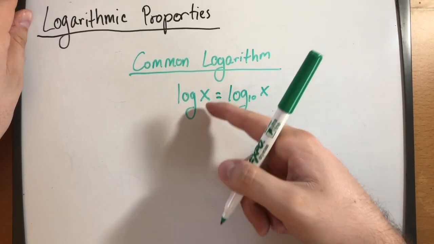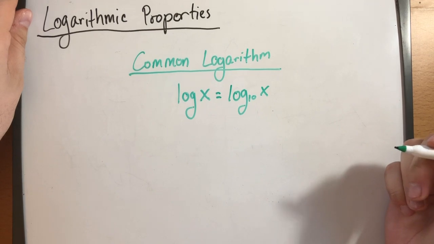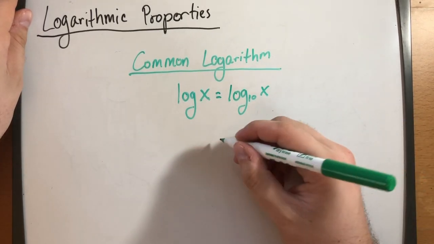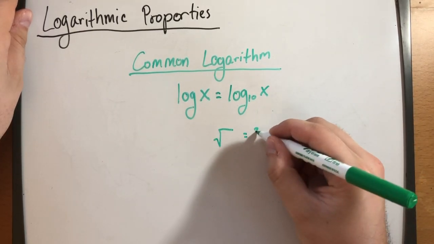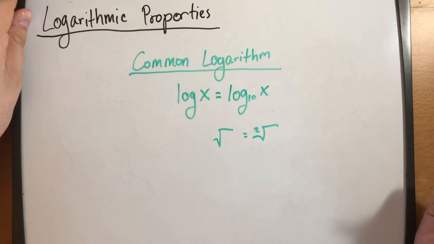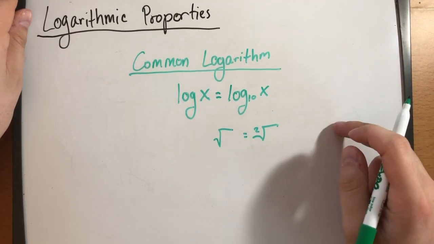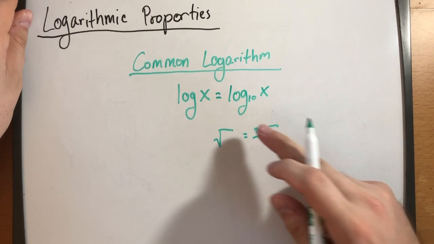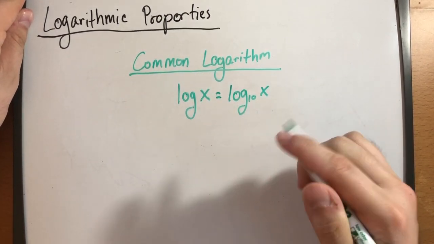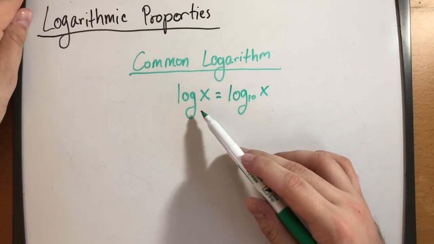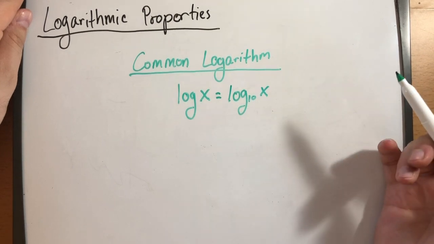Instead, you just exclude writing the base 10. Just like with square roots, you don't really write down the 2 when you do the square root. But for all other roots, you have to put the number. Same thing for logs. For the common log, it's base 10, but you don't need to show the 10.